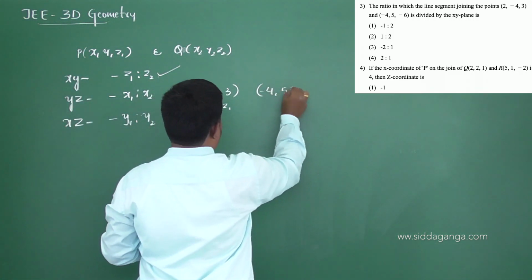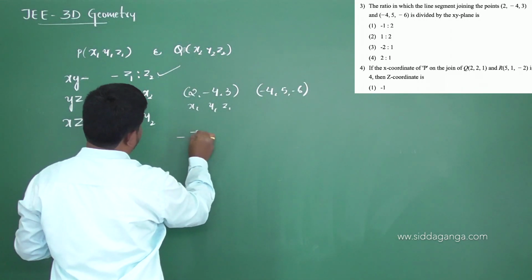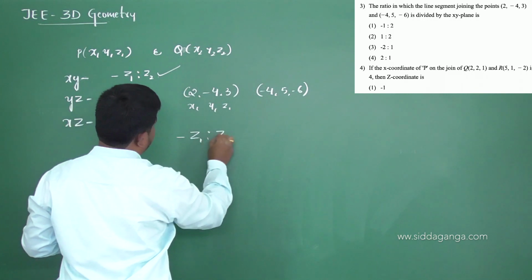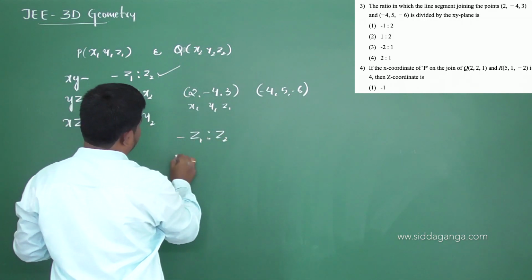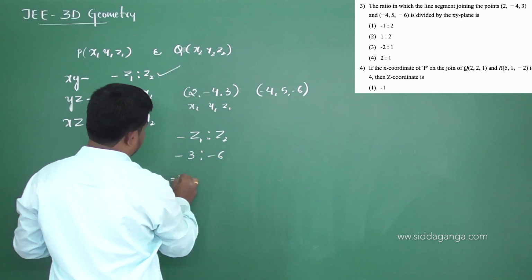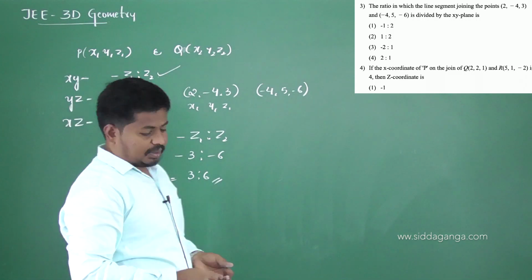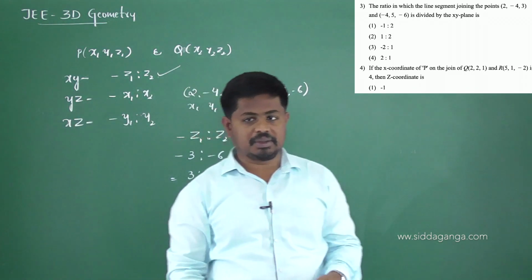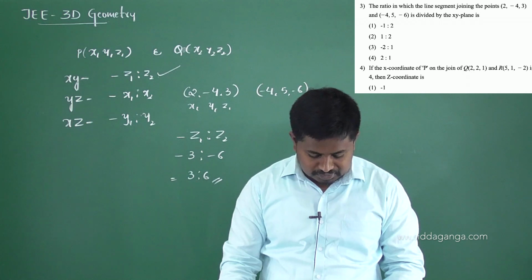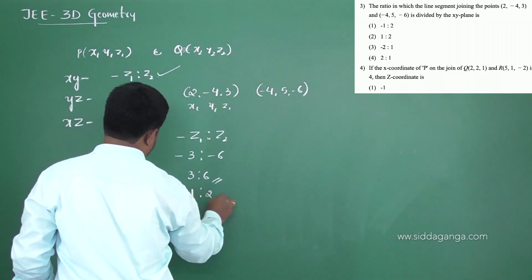Therefore your ratio is minus z1 is to z2, that is minus of 3 is to minus 6. So you get 3 is to 6, nothing but 1 is to 2.